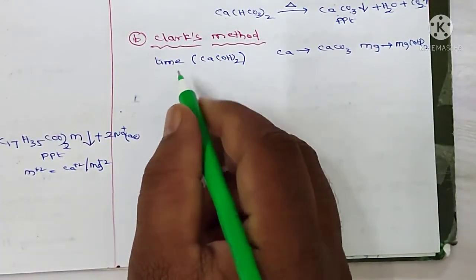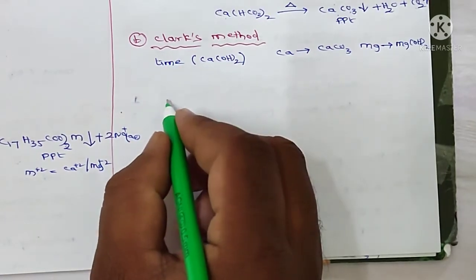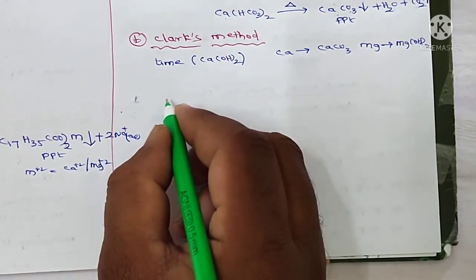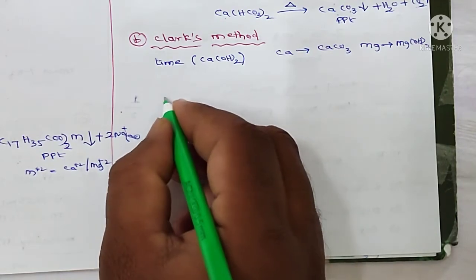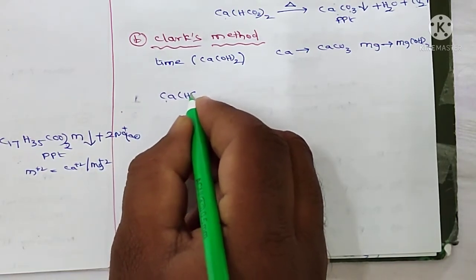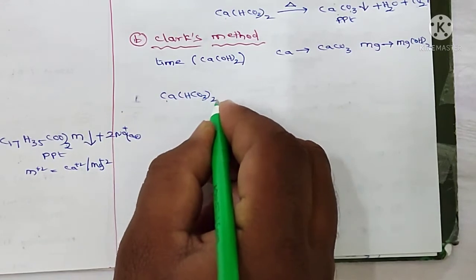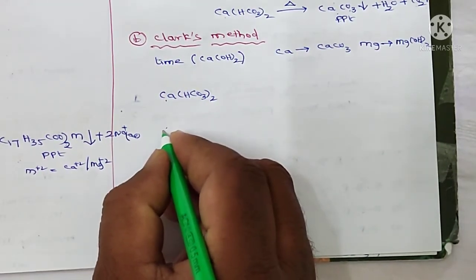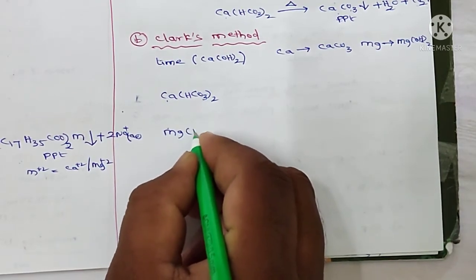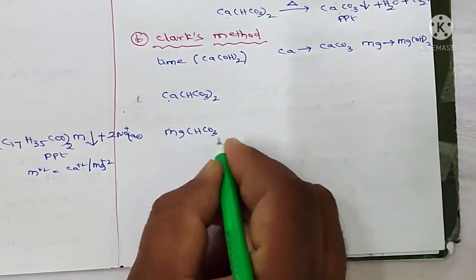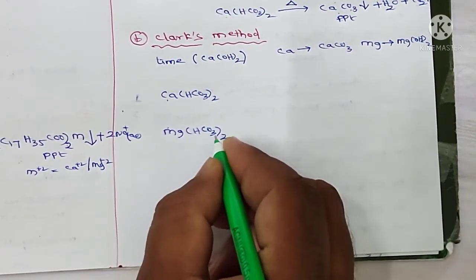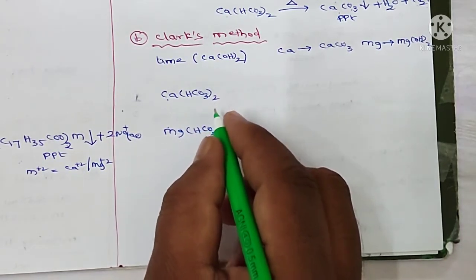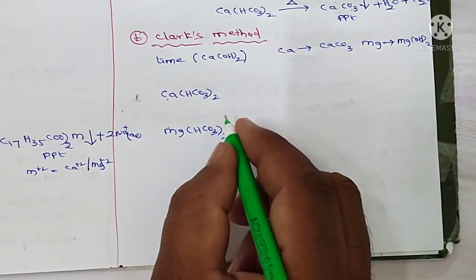Let me take the reactions. I'm taking temporary hard water. In that temporary hard water, we know that there is calcium bicarbonate or magnesium bicarbonate. Due to this calcium bicarbonate and magnesium bicarbonate, the water is called hard water, especially temporary hard water.